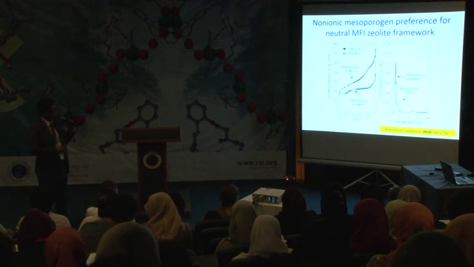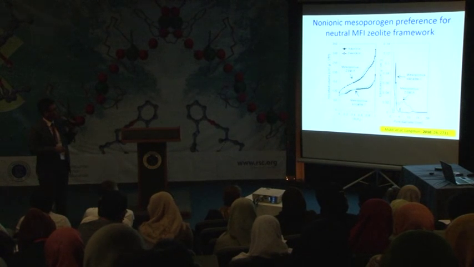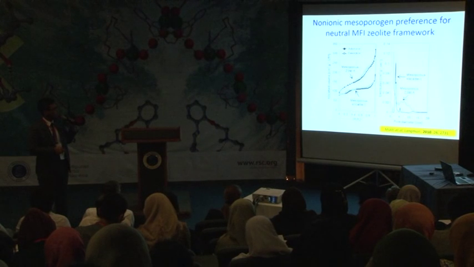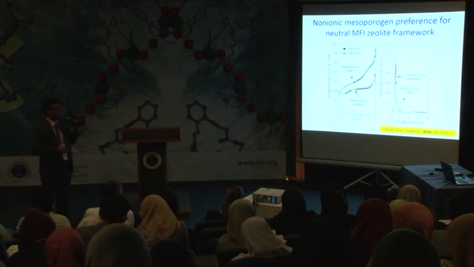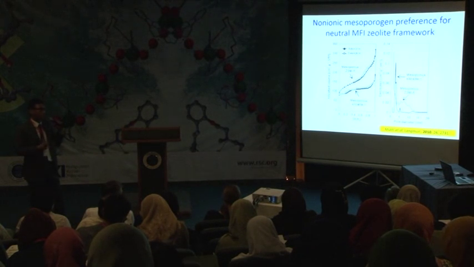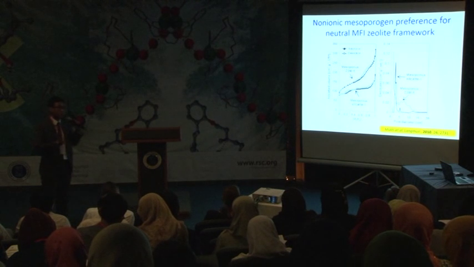We could see that the non-ionic modified surfactant is suitable for synthesizing mesoporous silicalite-1 because it has a narrower pore size distribution compared to the ZSM-5. So we conclude that our approach using the non-ionic modified surfactant is very suitable for synthesizing the neutral siliceous framework.